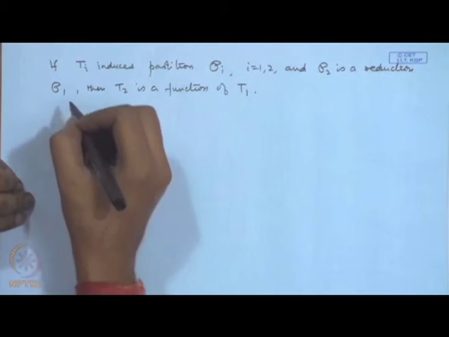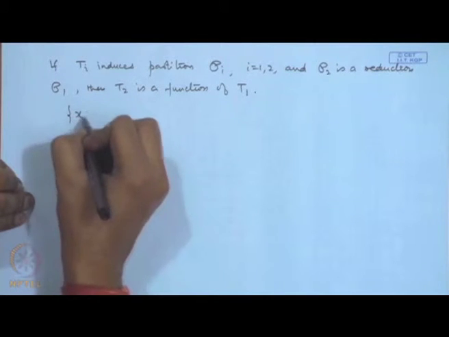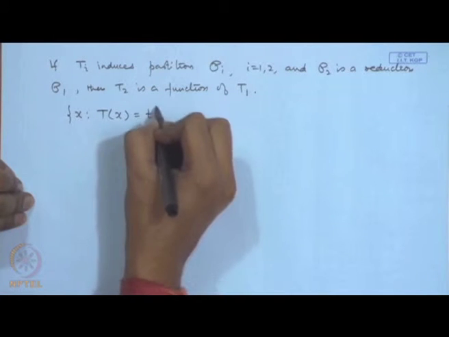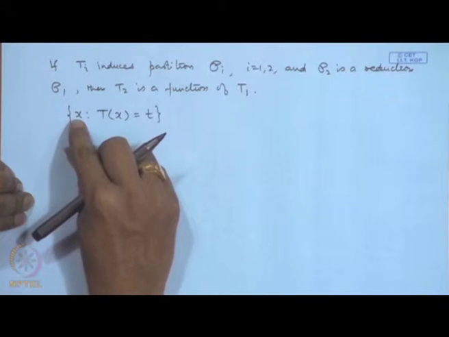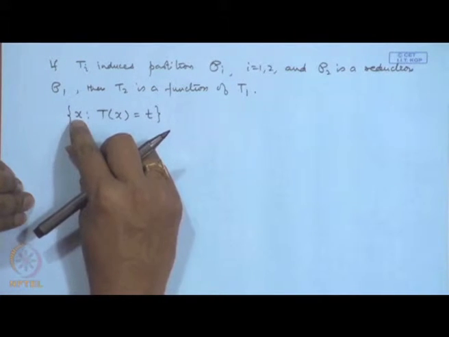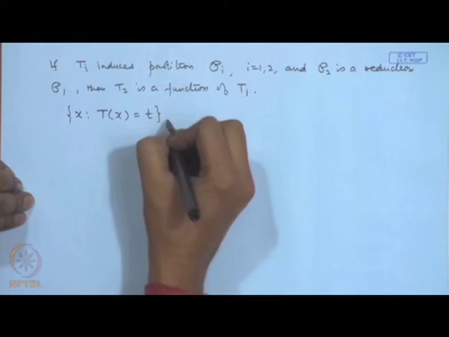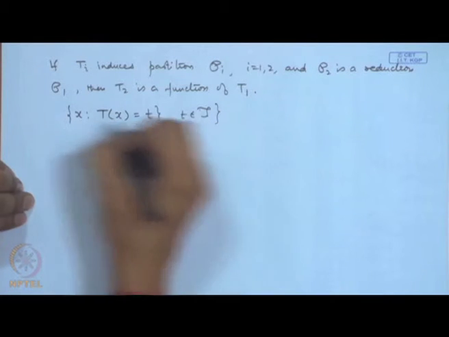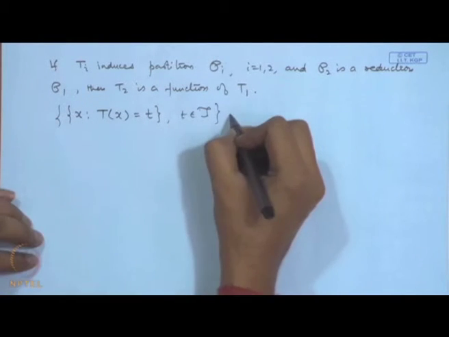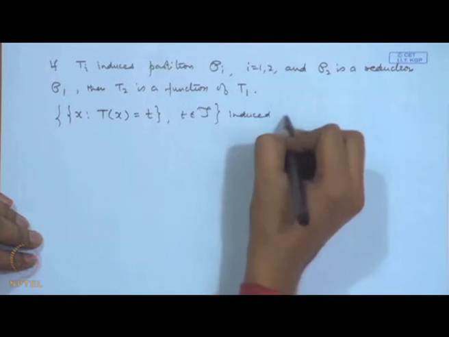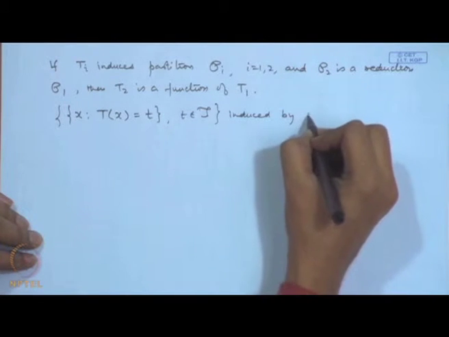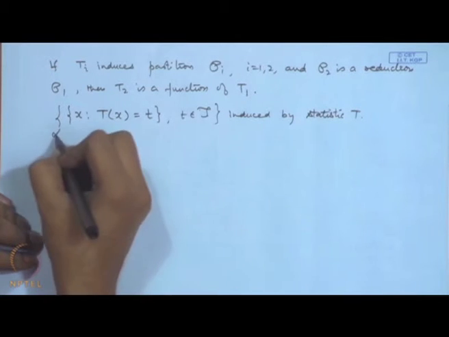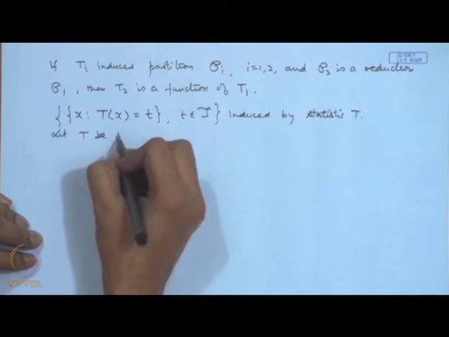So, now when we talk about a sufficient statistic T, then the corresponding partition sets will be {x: T(x) = t}, where t varies over the set of values of T. This is the partition induced by statistic T. Let T be sufficient.